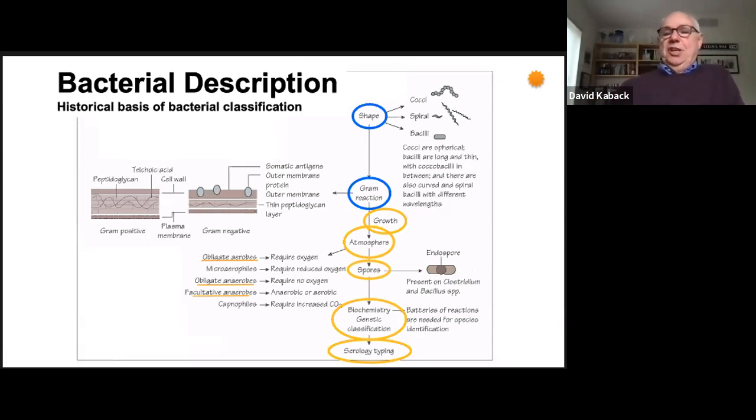You'll hear about aerobic and anaerobic spore-forming organisms. For example, Bacillus cereus is a common food contaminant, and it's an aerobic, gram-positive, motile, spore-forming bacillus. In contrast, E. coli is a gram-negative, lactose-fermenting bacterium, which you see in the biochemistry: it makes beta-galactosidase, and it's a facultative anaerobe.